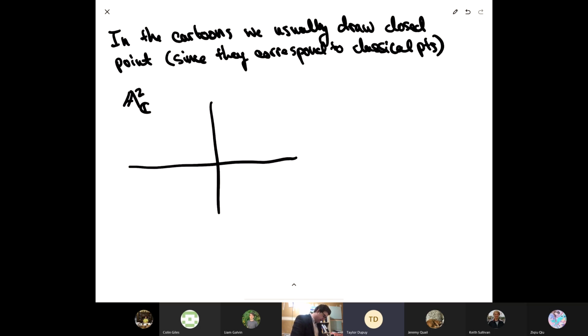There are other points that we could do. Maybe I shouldn't have picked a circle because we've been using circles for other things. You could have a parabola, y equals x squared, the vanishing of y minus x squared.